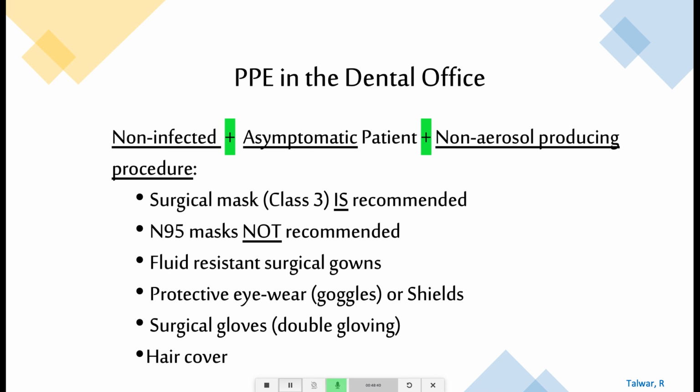So PPE in our practices: according to the Alberta Dental Association and College, we are not seeing symptomatic or infected people in our practice, anybody who falls into that category. What we've implemented at Contours Oral Surgery is pre-screening phone calls for patients who call in for dental emergencies.